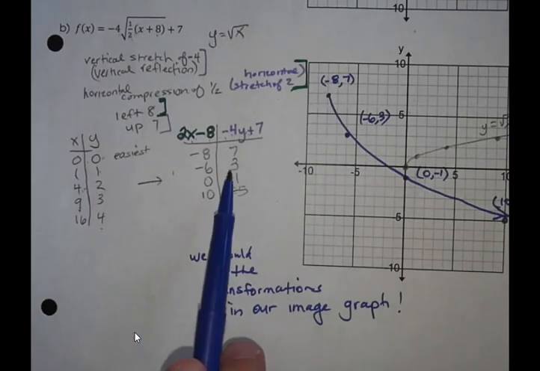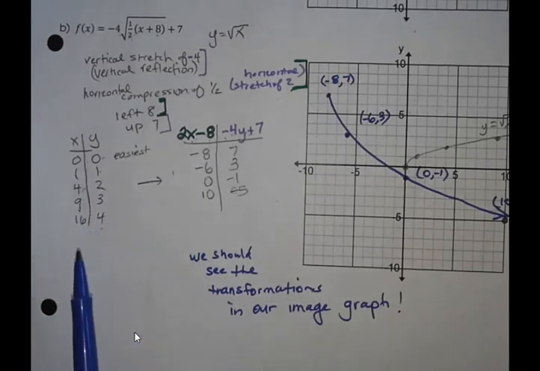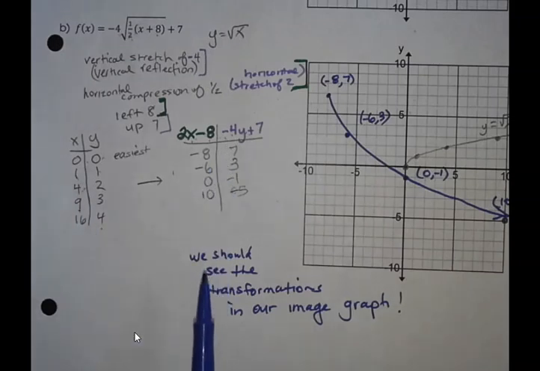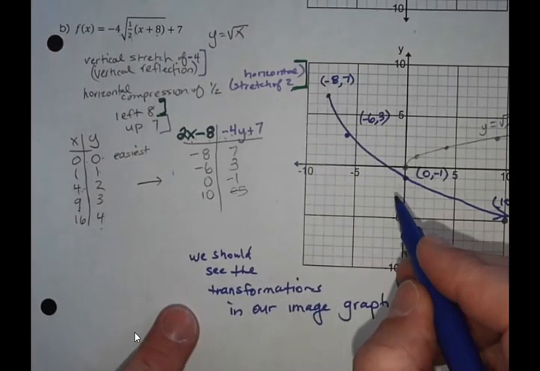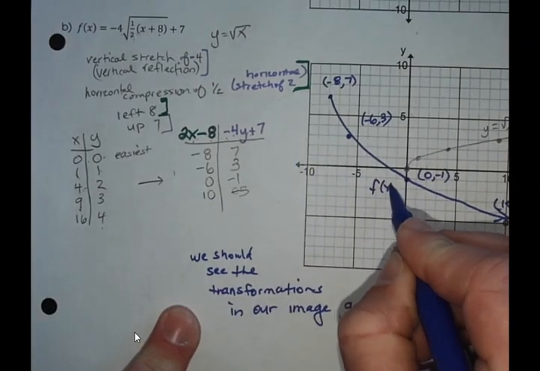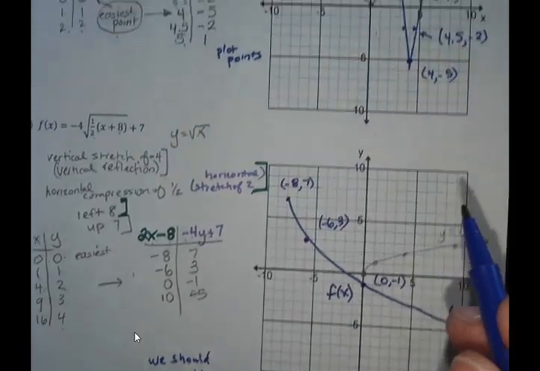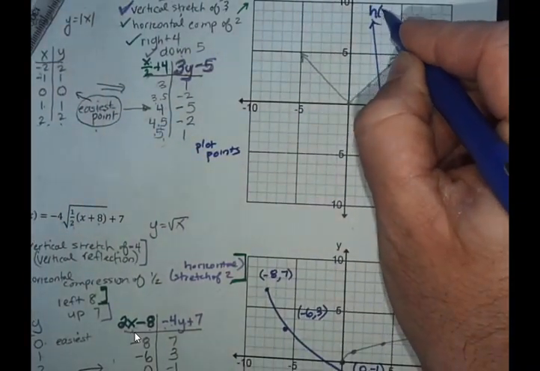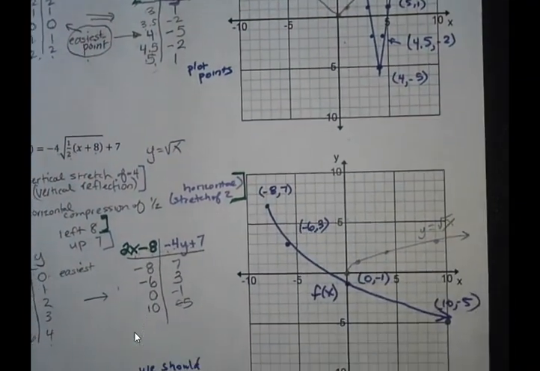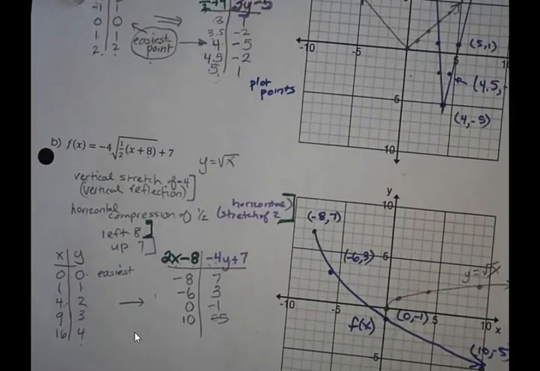Now, do we have to list all these out? Not necessarily. If you see a pattern, that's fine. Just make sure that we hit our points. So this graph, this would be f of x here. Just like how this one was h of x. Okay. And that's it. That's the main idea of that.